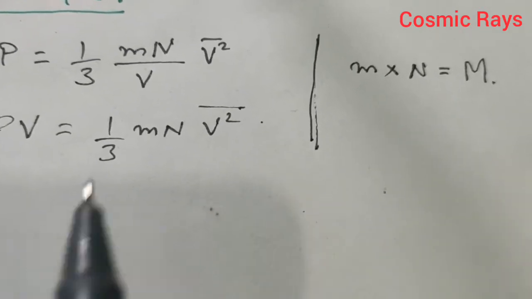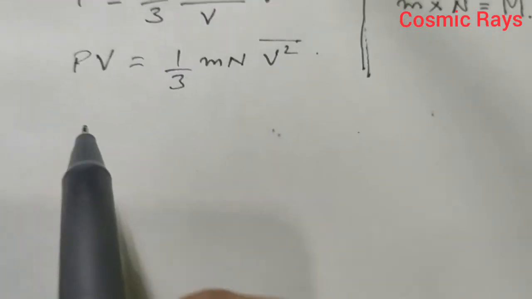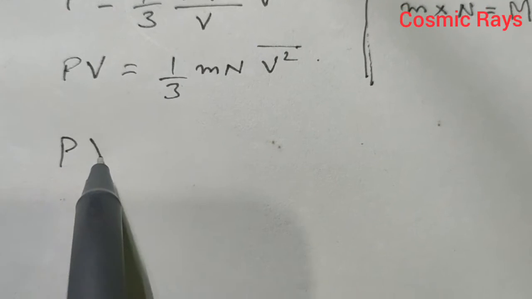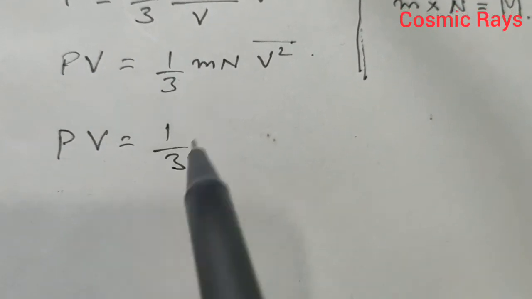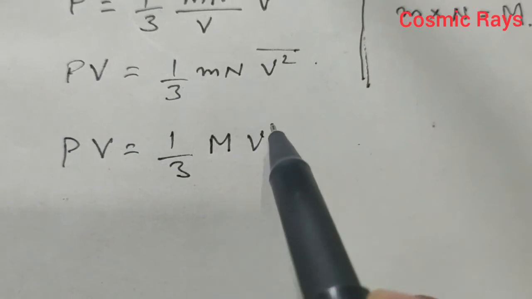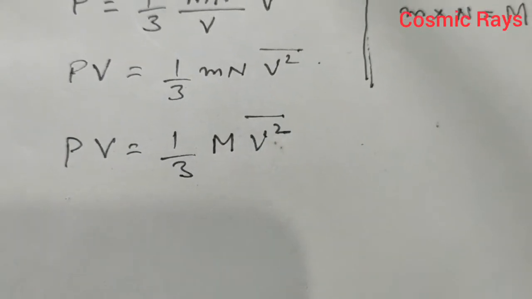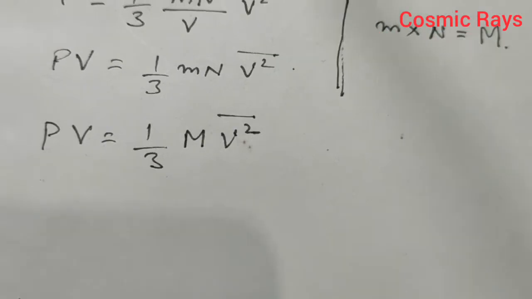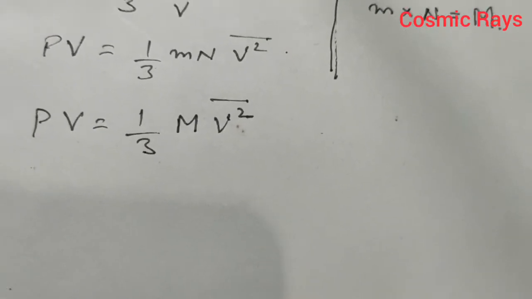So the equation becomes PV is equal to 1/3 M v square. So this is my equation.